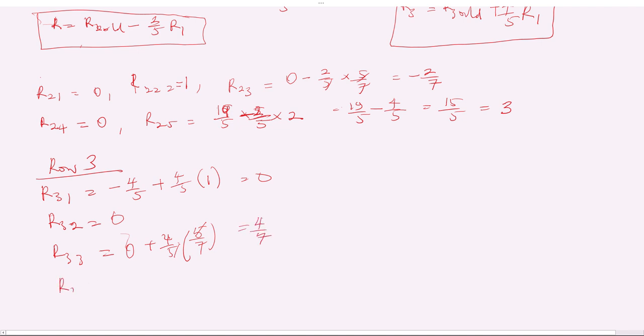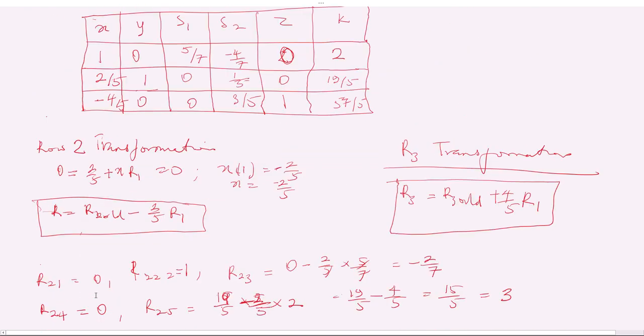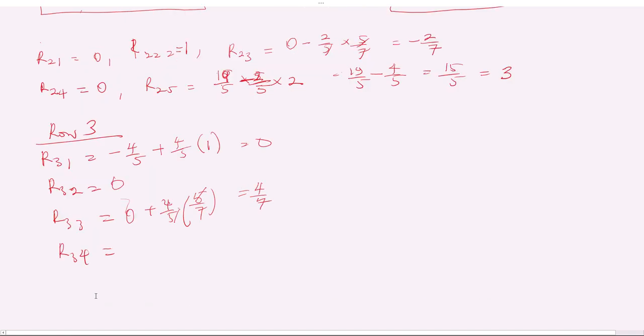So R34 equals 3 over 5 plus 4 over 5 times minus 4 over 7. Am I right? So how do we compute this?